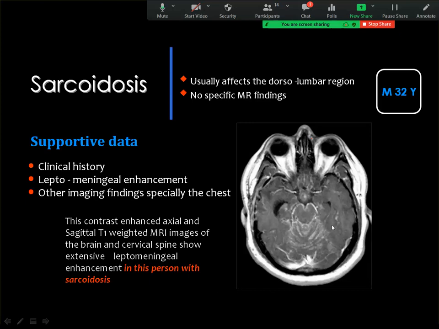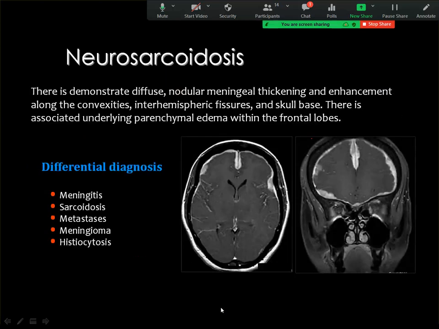And I have also mentioned that leptomeningeal enhancement has four differential diagnoses, which are the sarcoid and TB, lymphoma, and metastasis. Whether these are leptomeningeal or pachymeningeal enhancement, the diagnosis is almost the same.